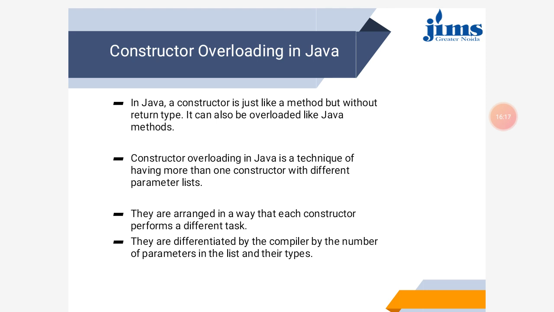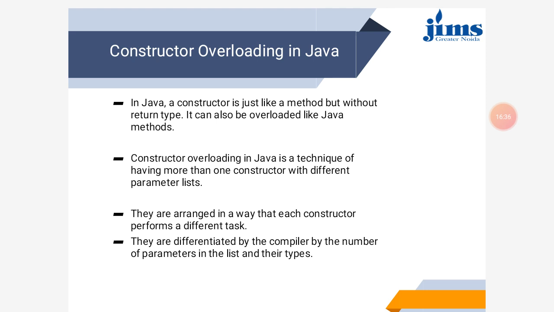If method names are the same and parameters are different, then based upon the number of parameters and types, that method is called, and this is known as method overloading.